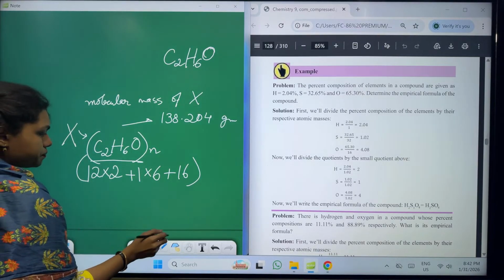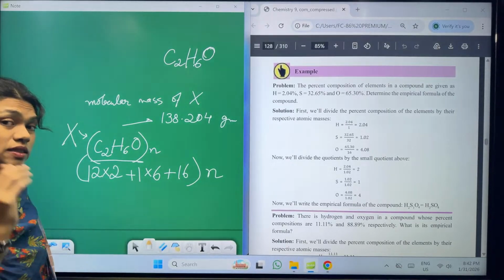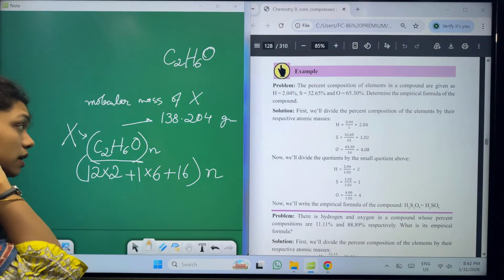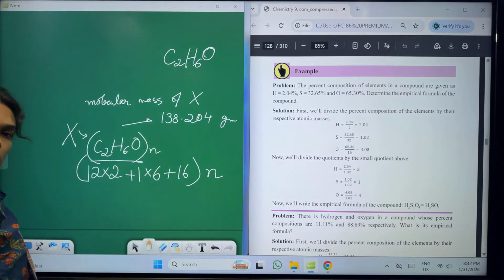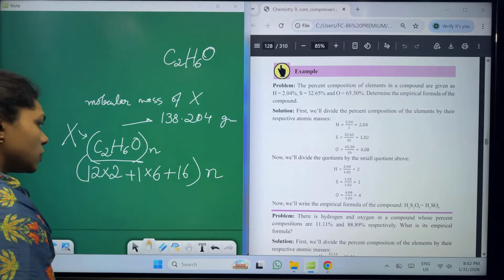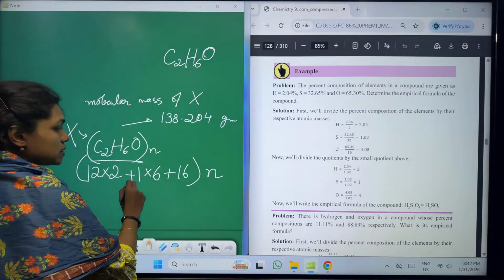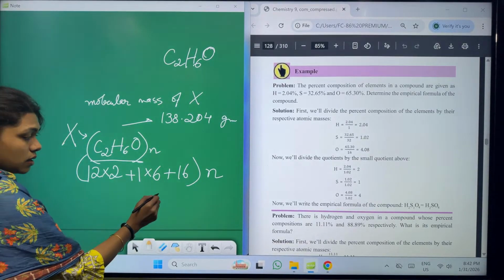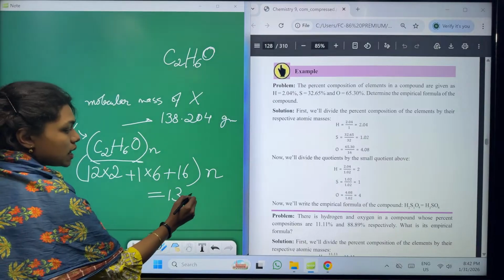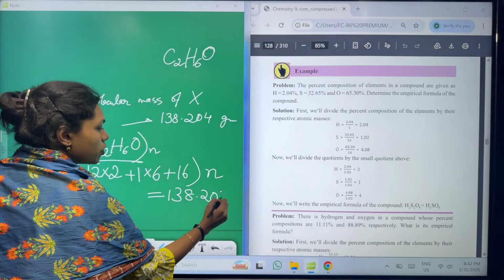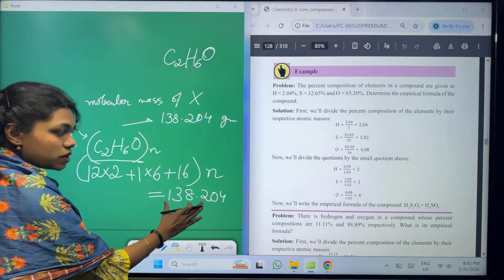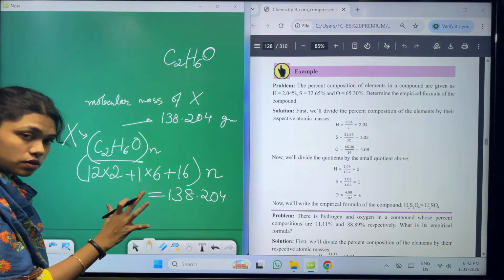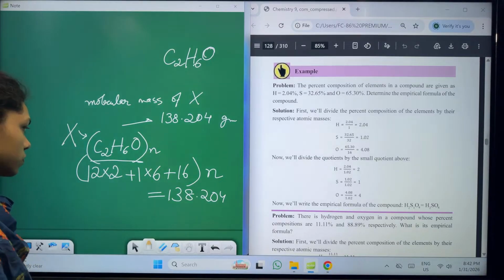Because n represents that one single whole number that I am going to multiply with the number of atoms in order to get my desired compound X. According to the question, since this is all in terms of mass, this should be equal to 138.204 grams. The units should be equal on both sides.